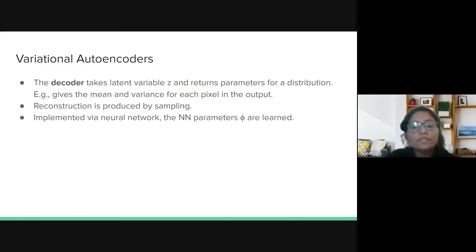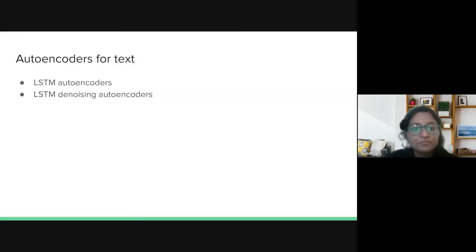So here, the neural network parameters and this probability distribution parameters are learned. And this performs a good compression. We saw that autoencoders generally have lossy compressions, but various autoencoders given enough data perform good compressions.